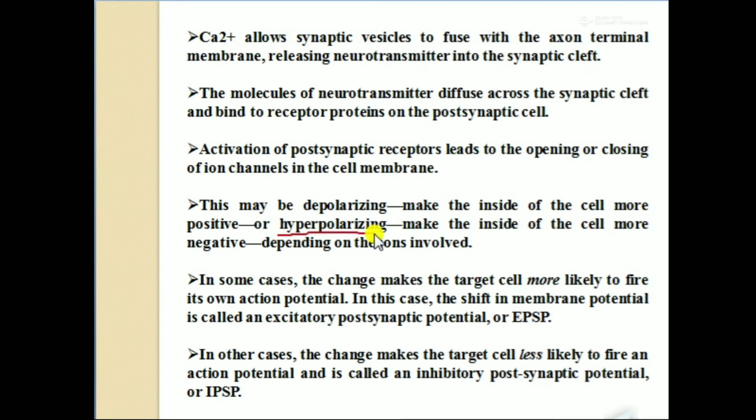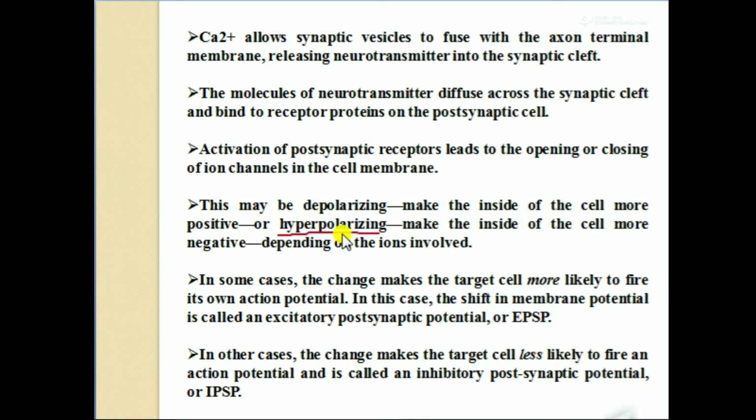Hyperpolarization forms when the neurotransmitter gives you inhibitory information. That means from minus 70 they go to minus 80, minus 90. That causes hyperpolarization and makes the inside of the cell more negative.